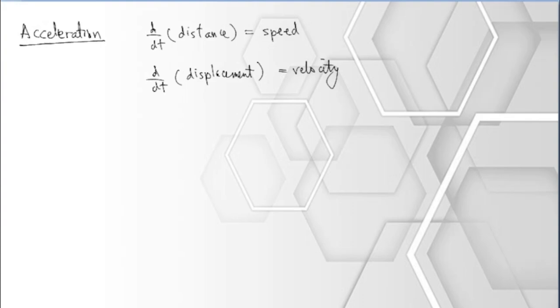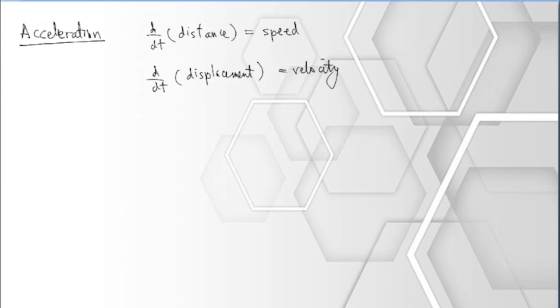So acceleration is the rate of change of velocity. Whenever you have a body that is increasing its velocity at a certain rate, if initial velocity and final velocity of a body are different, in that case we can say that a body is accelerating.